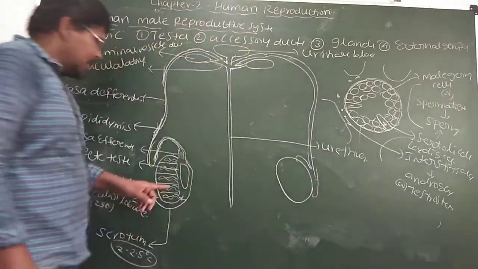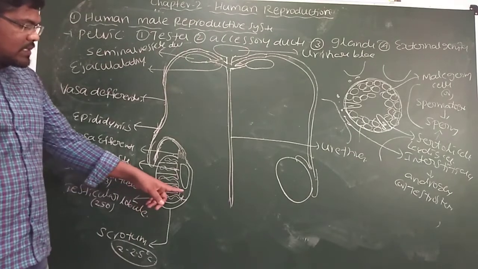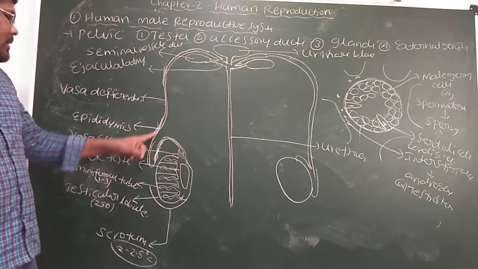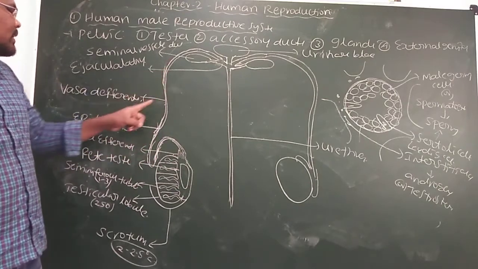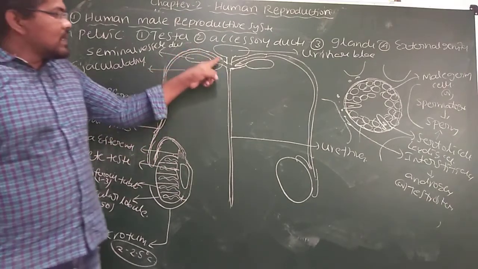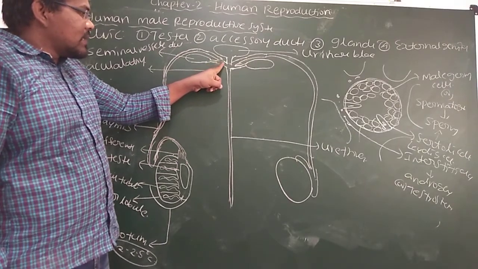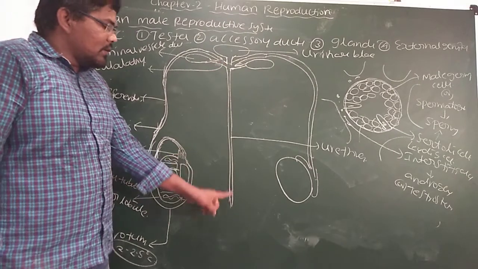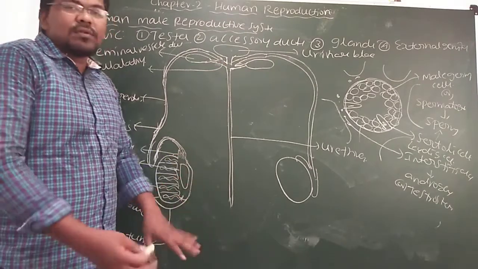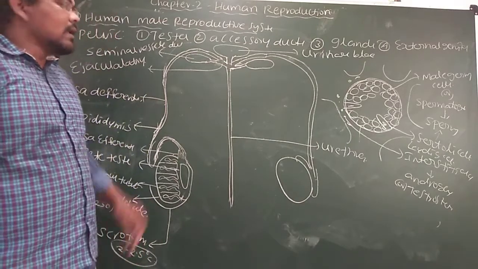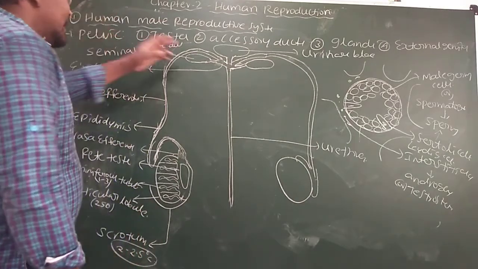See once again, seminiferous tubules open into rete testis, open into vasa efferentia, open into epididymis, open into vasa deferentia, which combine with the seminal vesicle duct and become the ejaculatory duct, which again opens into the urethra. Urethra opens outside in the form of urethral meatus or urethral orifice. That is about the accessory ducts.